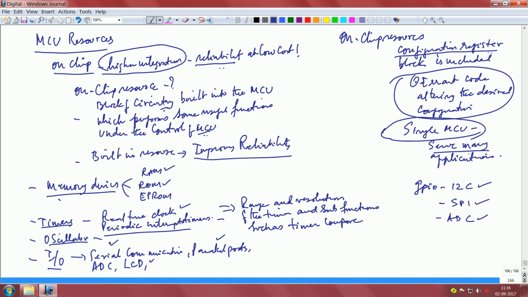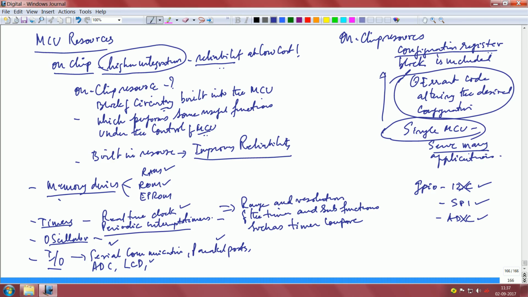Suddenly whatever you thought was configured for I2C refuses to work, or a sensor giving you an analog signal fails because the pins configured for ADC operations are gone, because of some errant code. Therefore, it becomes important to take care when you look at configuration of on chip resources.